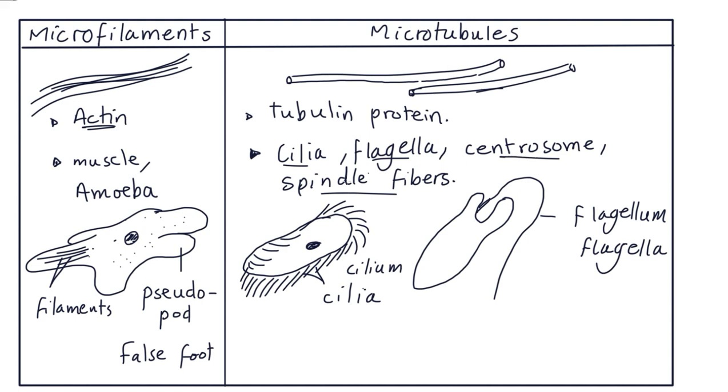So what about the centrosome and the spindle fibers? Let's go to another layer. If you consider that this is a cell, this centrosome has 9 here, and here 9 again. The same thing happens here, 9 in a circle.